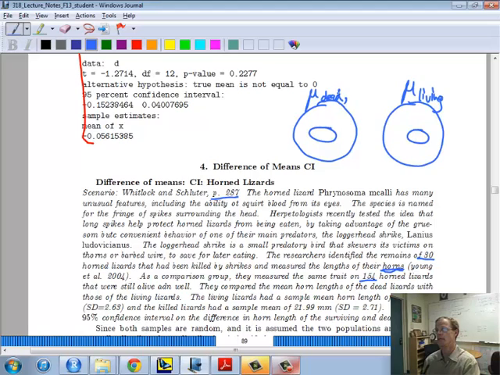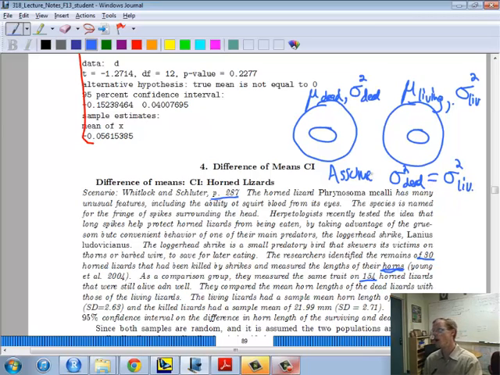We not only have a mean, but we have a variance here. We are going to estimate it, but we're not trying to make a claim about this. We're simply going to assume that sigma squared dead equals sigma squared living. Okay.